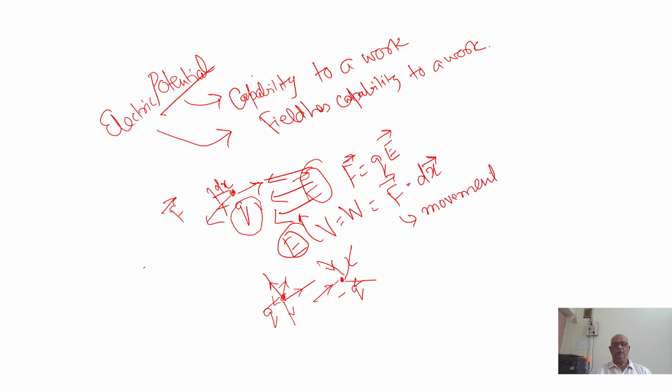Now there is a concept. Naturally, it would take some time. Let us say dt is the time in which it has moved by a distance delta x.